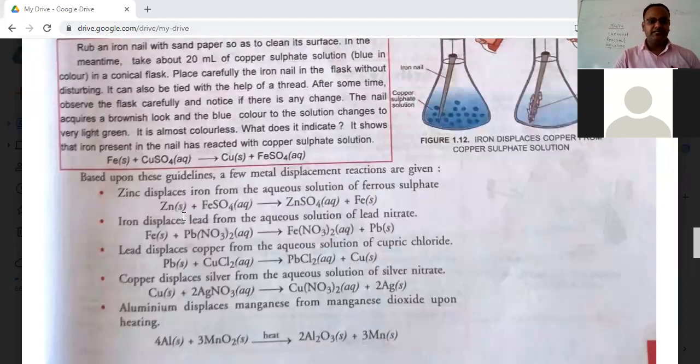So here you can see in this reaction, zinc displaces iron from ferrous sulfate and combines with SO4 to form ZnSO4 and iron.